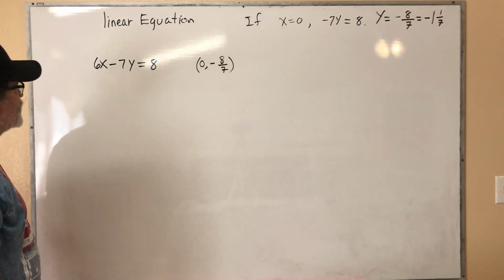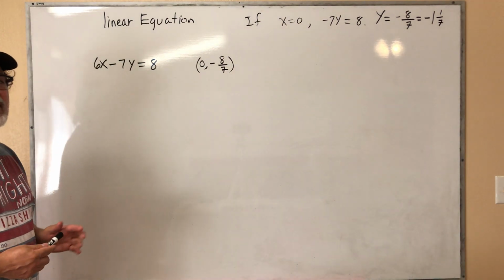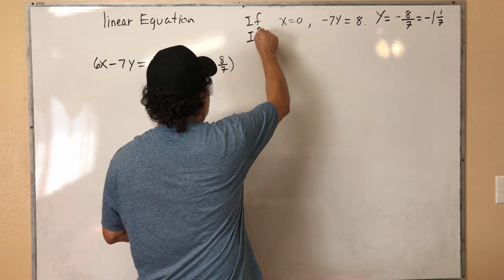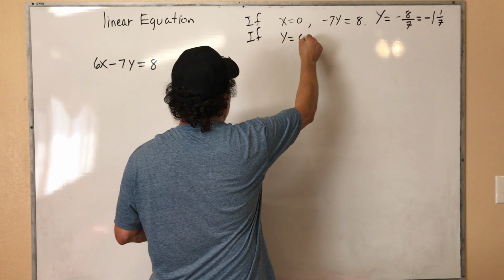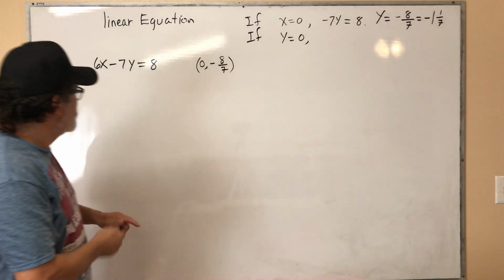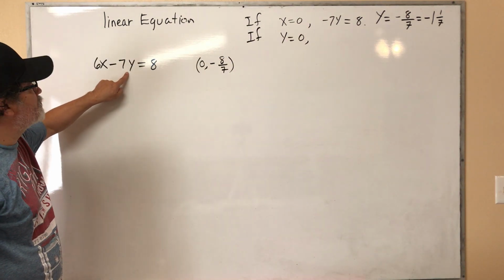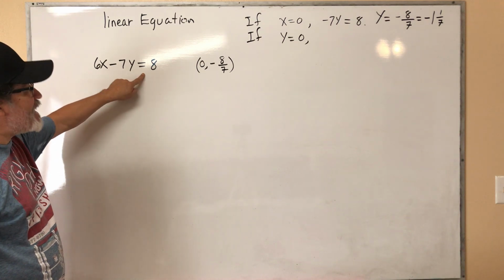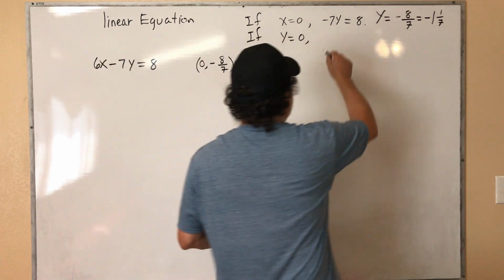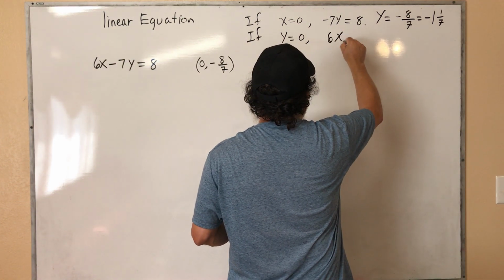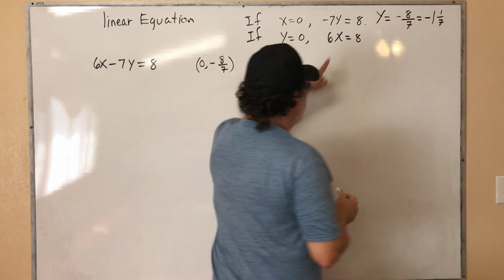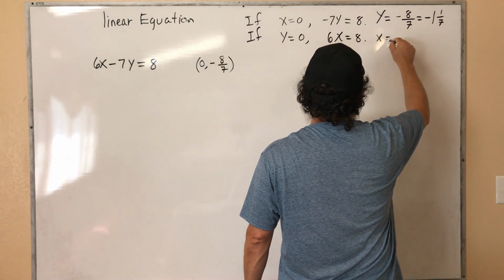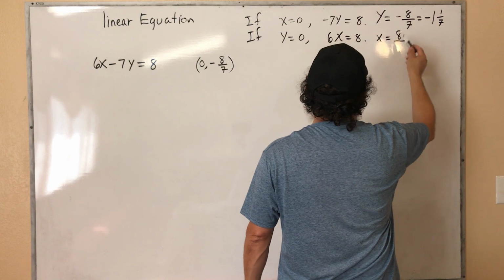Okay. Let's find another one. What if y equals 0? If y is equal to 0, then this is 0, and so 6x equals 8. So x equals 8 over 6.